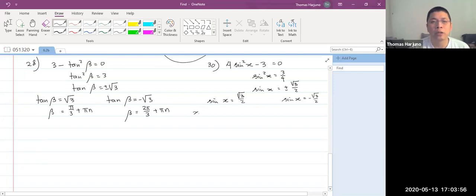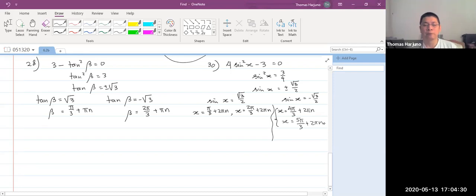So x will be pi over 3 plus 2 pi n. x equals 2 pi over 3 plus 2 pi n. While for this branch here, x equals 4 pi over 3 plus 2 pi n. x equals 5 pi over 3 plus 2 pi n. If you get this answer, then you are fine.